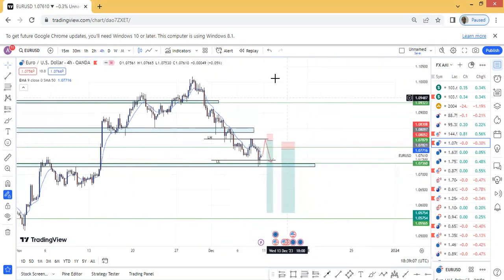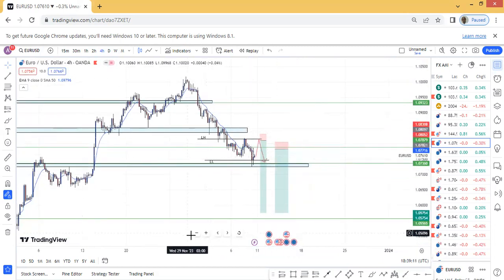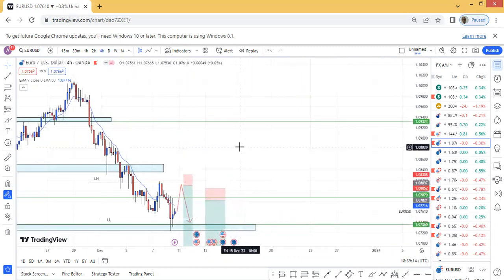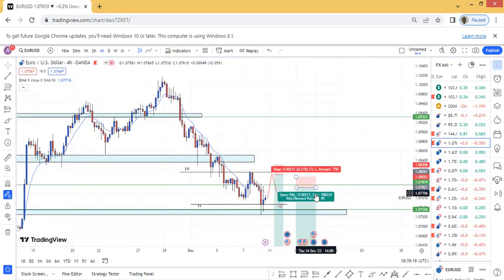But in the next 1 or 2 days, I'm anticipating a little bit of a pullback either to this region or to this region. That is why I have placed my short twos there.